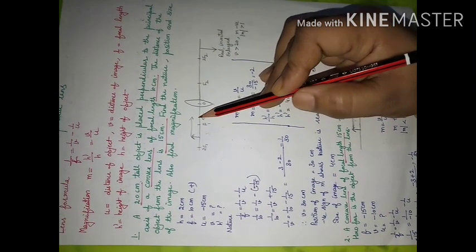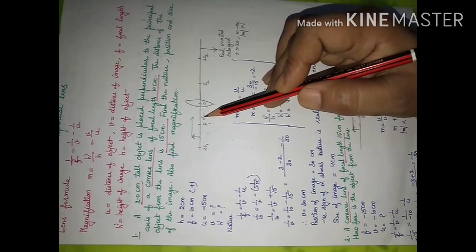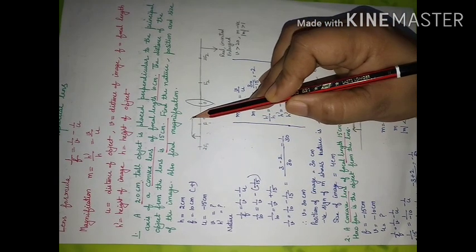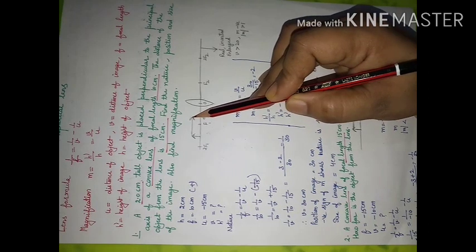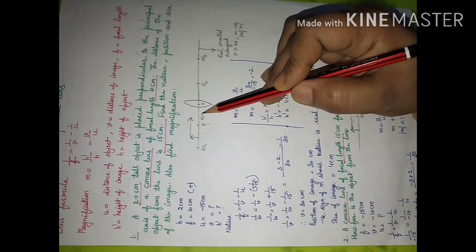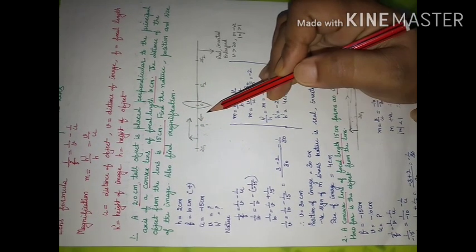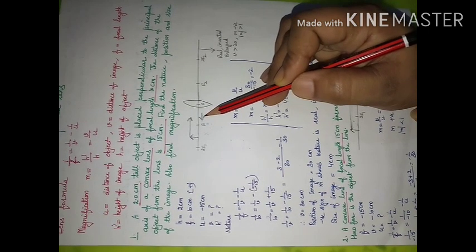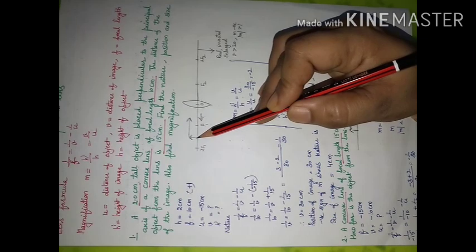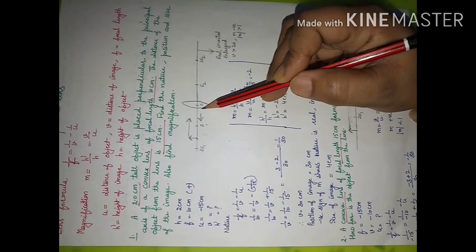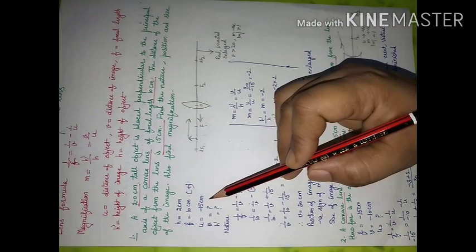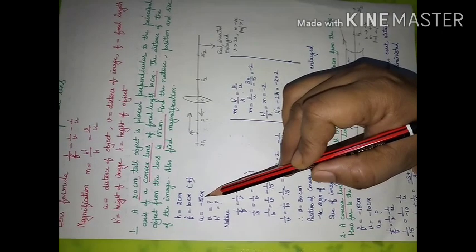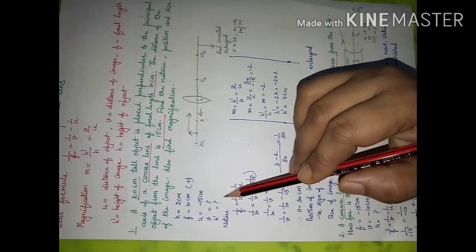So both these directions are opposite. All the distances which will be in this direction, they will be positive, and all the distances that you will measure opposite to direction of incident ray of light, they will come out with a negative sign. So distance of object will come out with a negative sign. So u is equal to minus 15 cm.